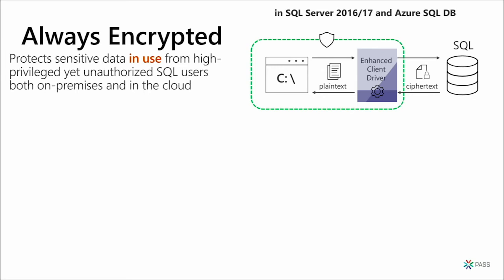This means that a SQL Server administrator who is working on the box of SQL Server using Management Studio or whatever will not be able to see the data in plain text. Right? You can see that it is encrypted. He can select from the table because he has the powers to do that, but he does not have access to the key that encrypts or decrypts the data. And this is why you cannot see it, right?